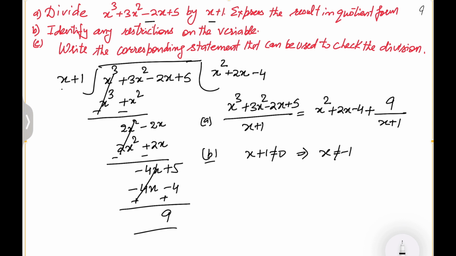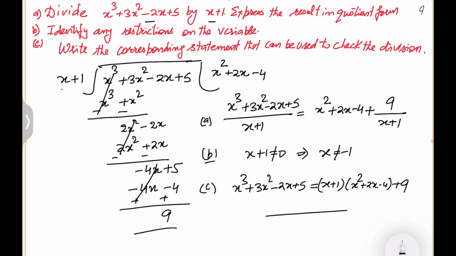And number 3, the divisibility statement, can be verified very easily by simple multiplication. The dividend equals divisor multiplied by quotient plus remainder. So this was the corresponding divisibility statement.